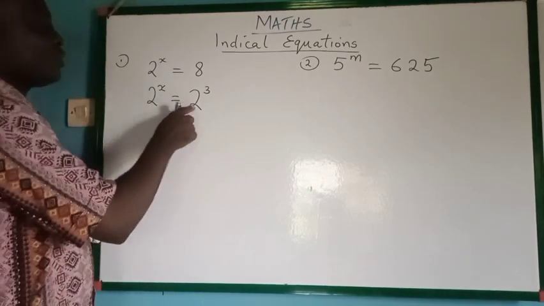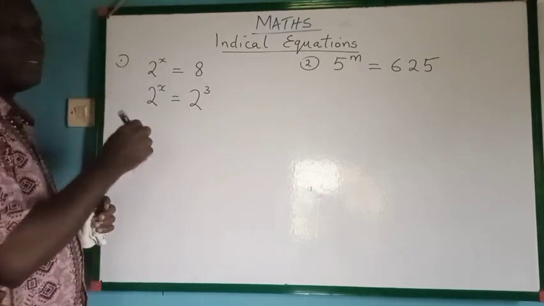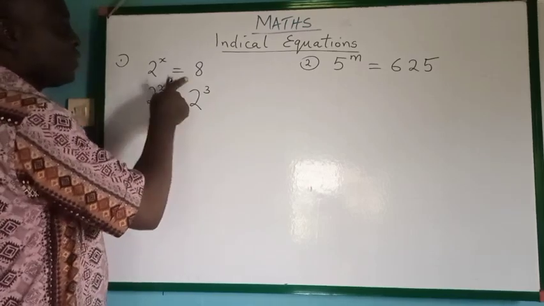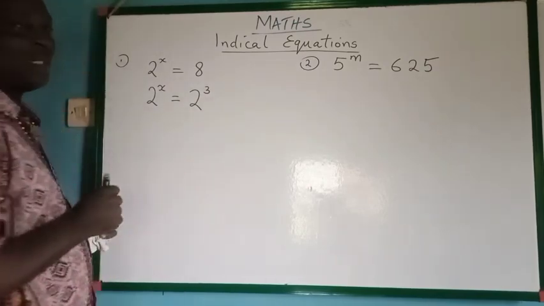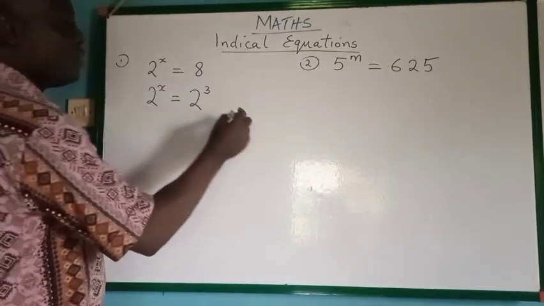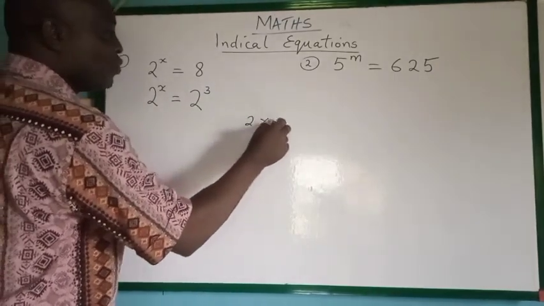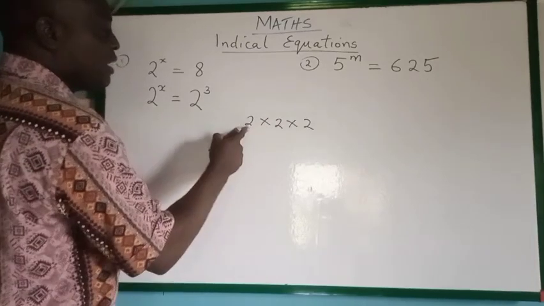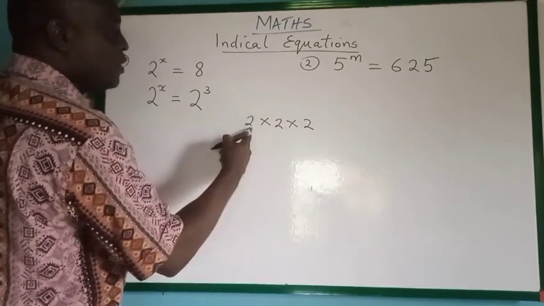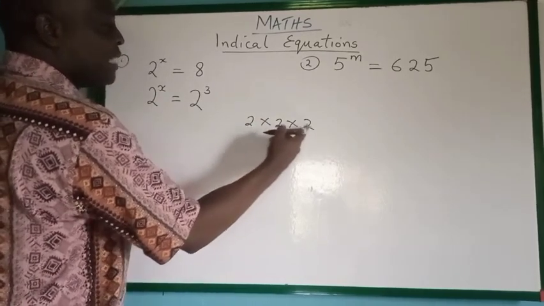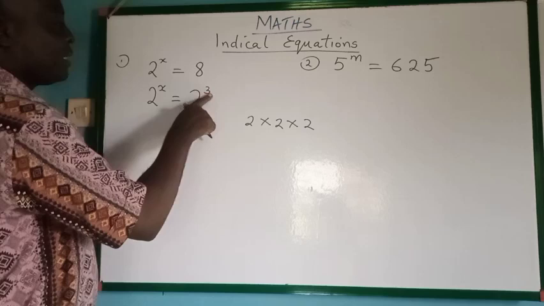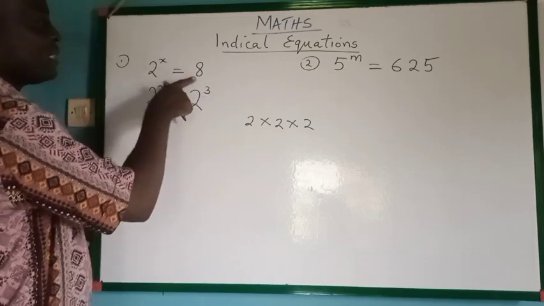So how is 2 raised to power 3 equal to 8? 2 raised to power 3 is equal to 8 because if you multiply 2 in 3 places, you will get 8. How? When you say 2 times 2 times 2, you see 2 in 3 places. That is 2 raised to the power of 3. 2 times 2 is 4, and 4 times 2 is 8. So 2 raised to power 3 is another way of expressing 8.